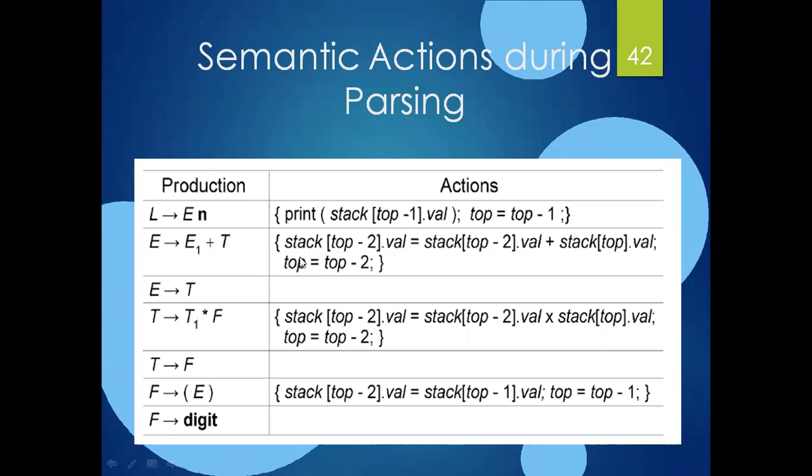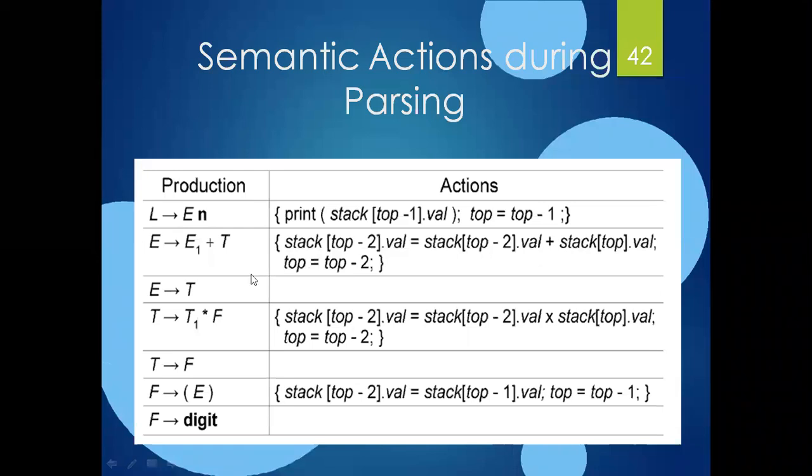What it means is top is equal to top minus 2. The obtained value for the E is assigned to the node L, right? And top is equal to top minus 2. And here top minus 2 is an E1, I am taking it as an E. So top is equal to top minus 2.